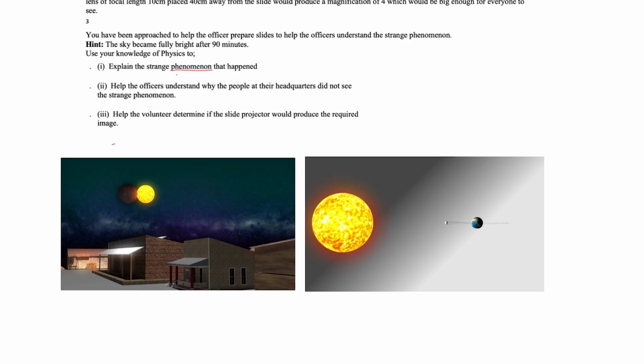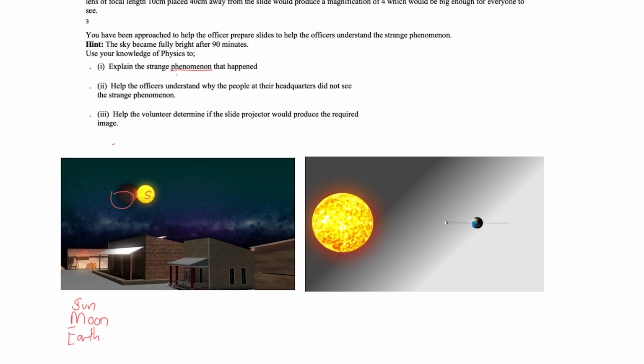Now, we have 3 bodies here that play a very big role in this phenomenon. Up here, what we are seeing is our sun. The next body that we see in the sky is our moon, and on earth, it's where we find our military camp.